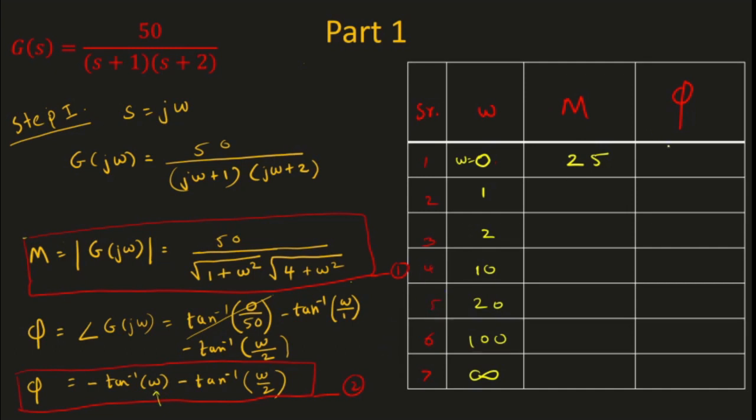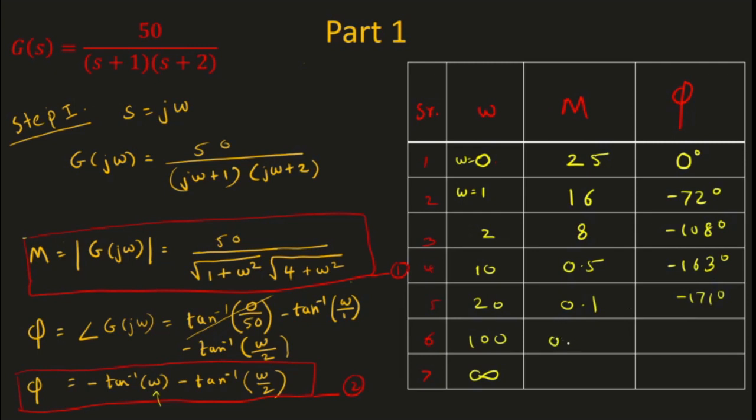So the phase is equal to 0 degrees. When I put omega equal to 1 in equation number 1, I will get a magnitude of 16 and phase at minus 72 degrees. When I put omega equal to 2, I will get magnitude 8 and angle minus 108 degrees. Similarly for 10, I will get 0.5 and angle minus 163 degrees. For 20, 0.1 and angle minus 171 degrees.